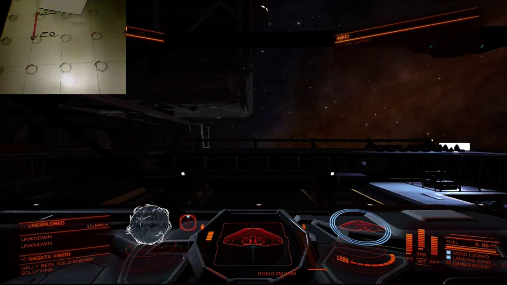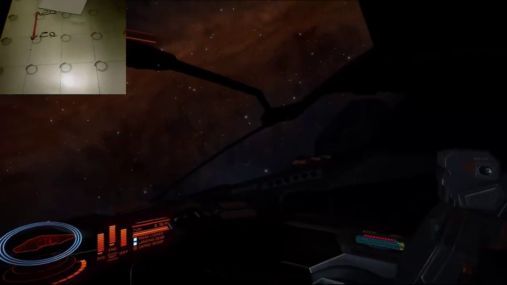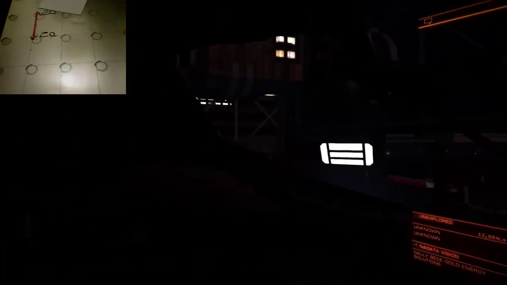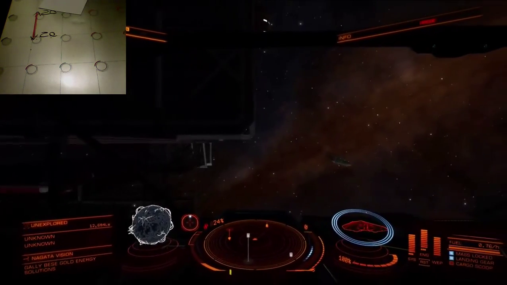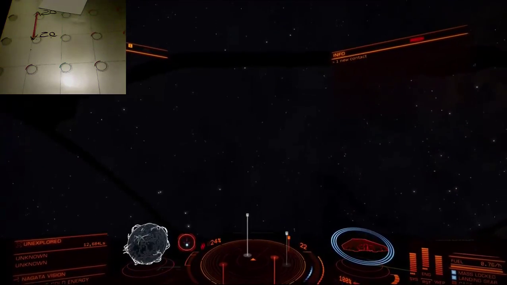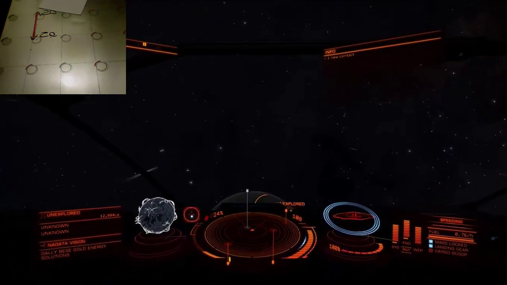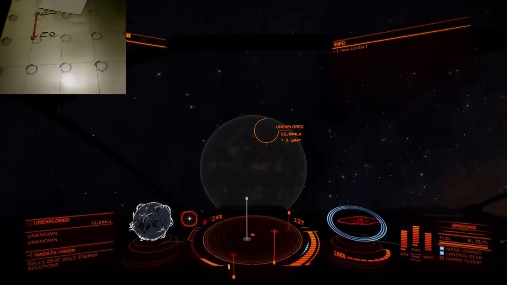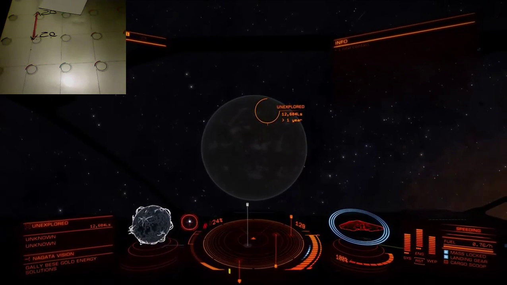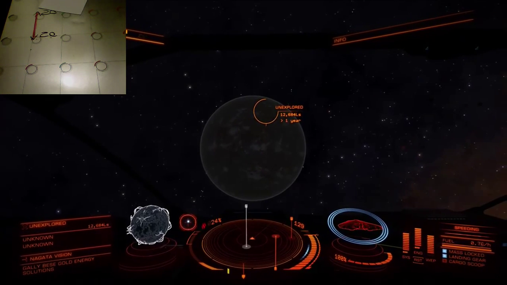So right now, ship released. Engines engaged, pretty much a stationary state of being, right? So I have a target set. That target is 12,684 light seconds away.